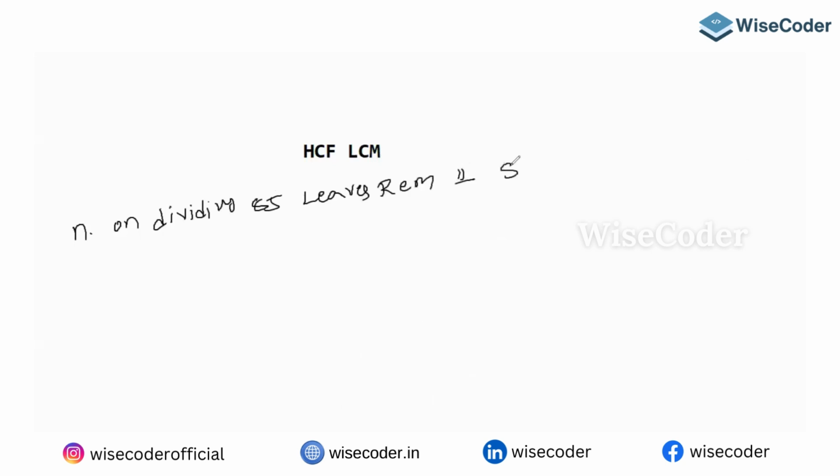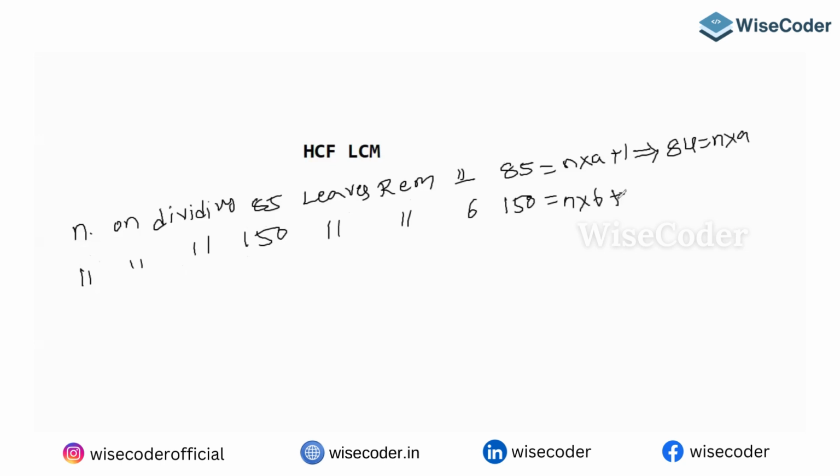So you can say 85 equals n into a plus 1, which means 84 equals n into a. And n on dividing 150 leaves a remainder of 6, which means 150 equals n into b plus 6, so 144 equals n into b.